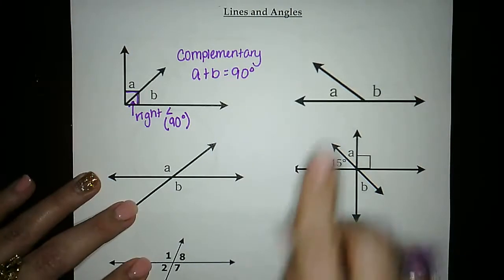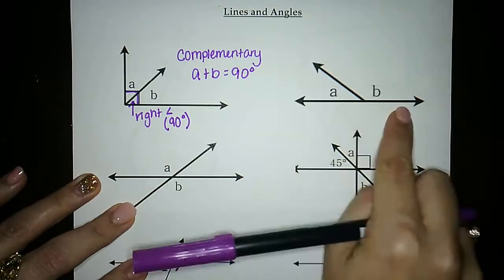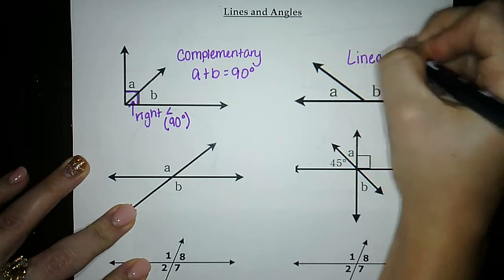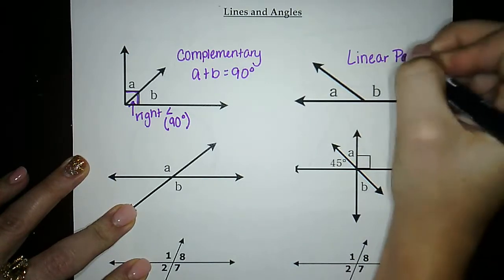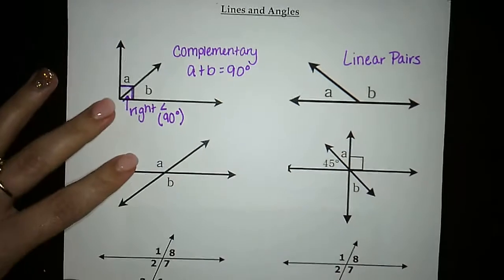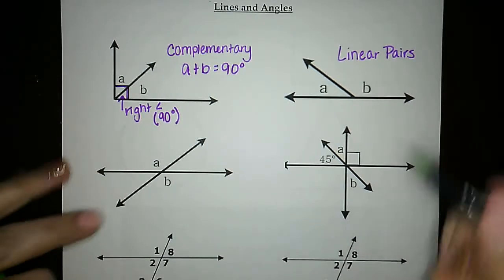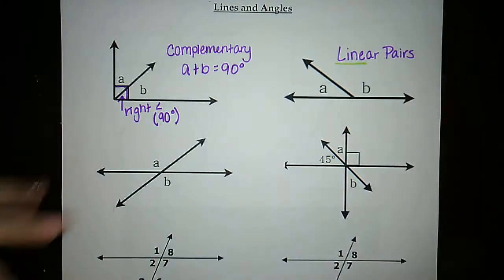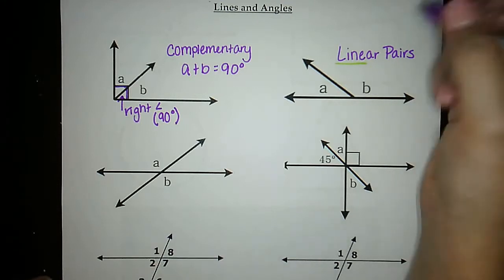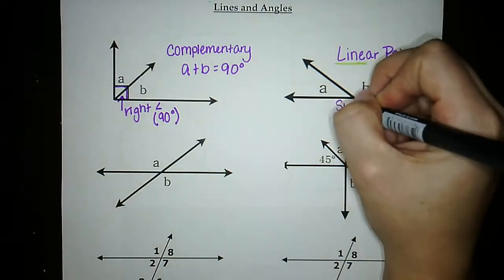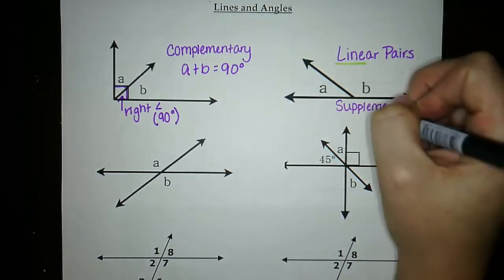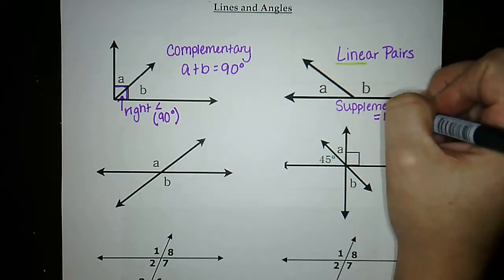Okay, for here, A and B are on a line. So these are linear pairs. So they're linear pairs, which legitimately has the word line in it, telling us that these are linear pairs. Linear pairs are supplementary. And you know that this equals 180 degrees.